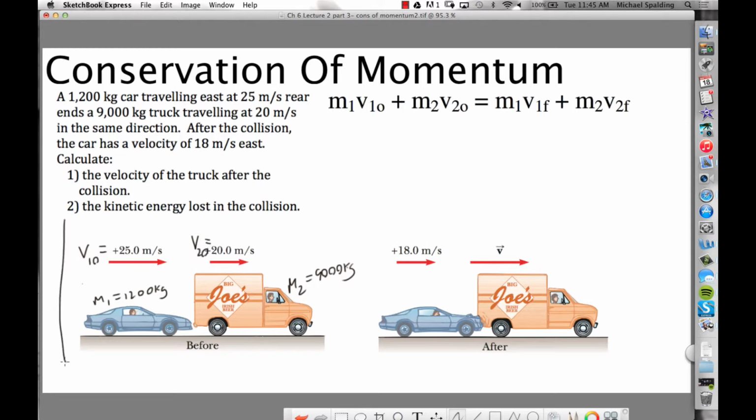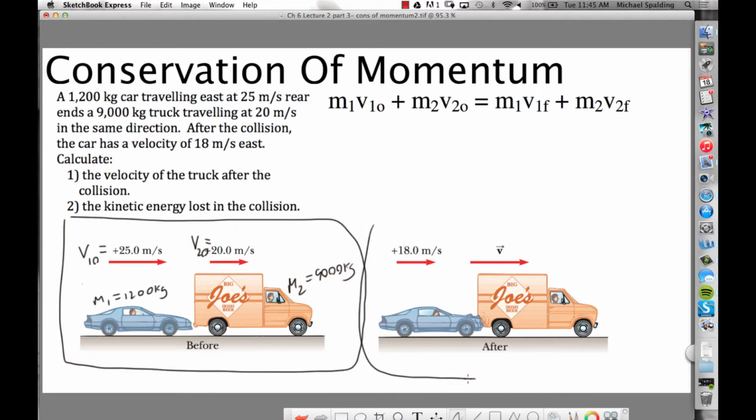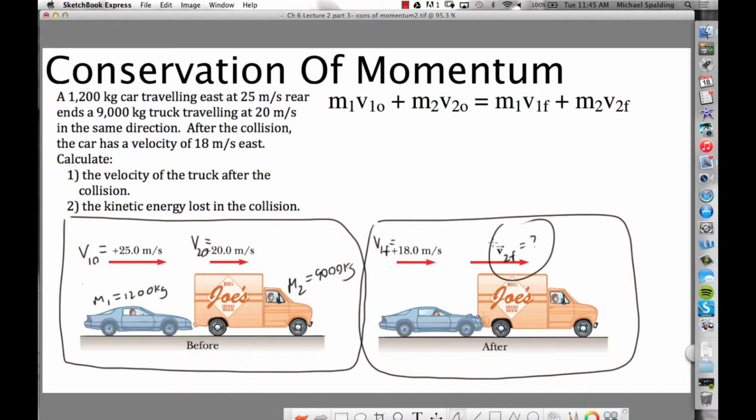So here we have before, and we have after. This is V1 final, and this right here is V2 final. What they want you to find in this problem is the velocity of the truck after the collision, and then the second thing is the loss of kinetic energy in the collision, which I'll talk about in a minute.